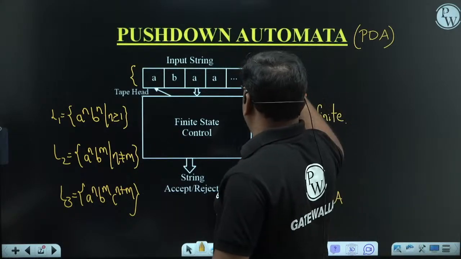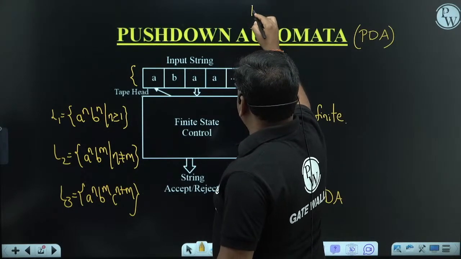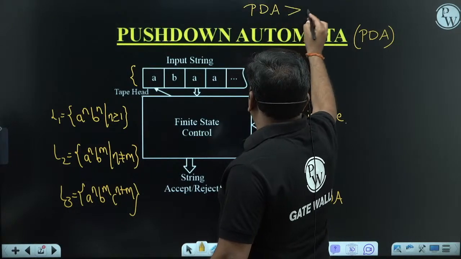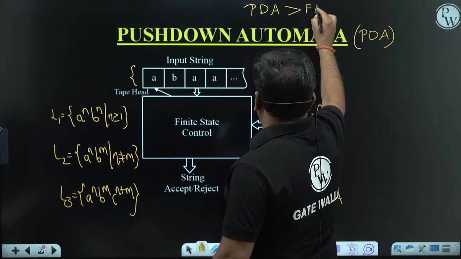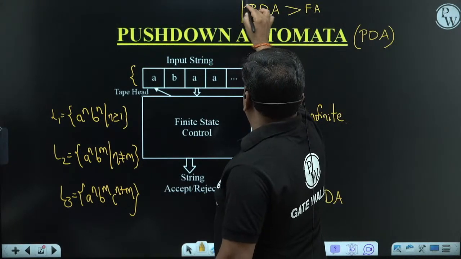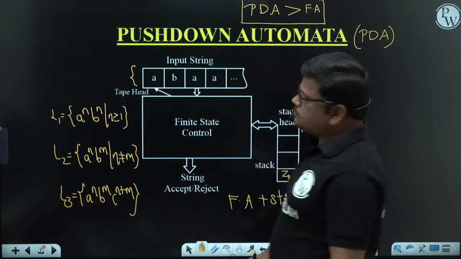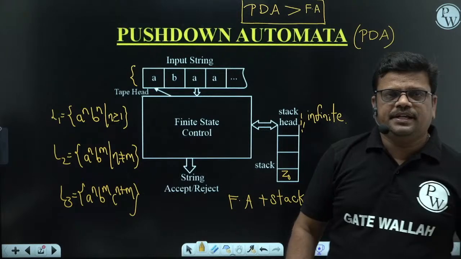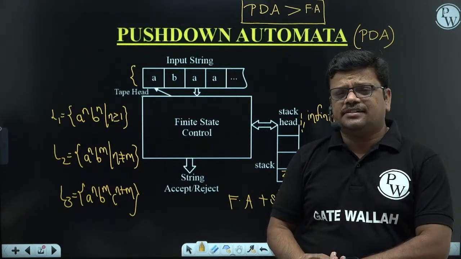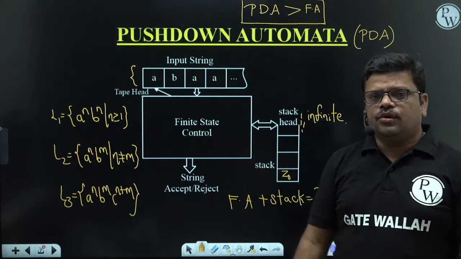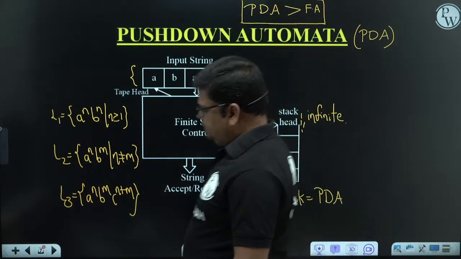From an expressive point of view, pushdown automata has higher expressive power than finite automata. This is the overall structure of the pushdown automata.